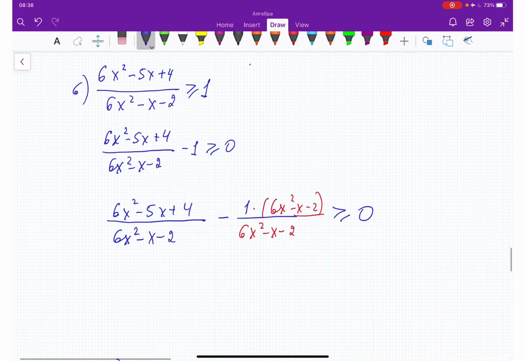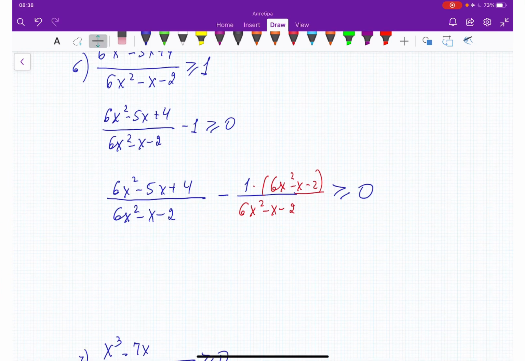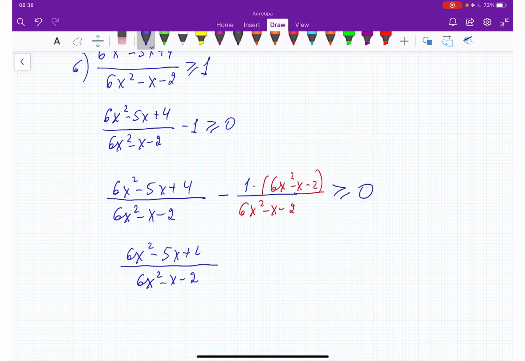Okay, so what do we get? Now, if it would be equation, we would drop denominator, right? Not in the case of inequality, we do not dare to drop, okay? So, if I combine 6x squared minus x minus 2, I'm getting 6x squared minus 5x plus 4, and since I have here negative sign, it's going to be treated as a negative sign in front of parentheses.